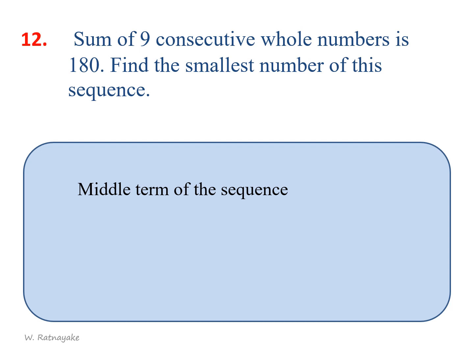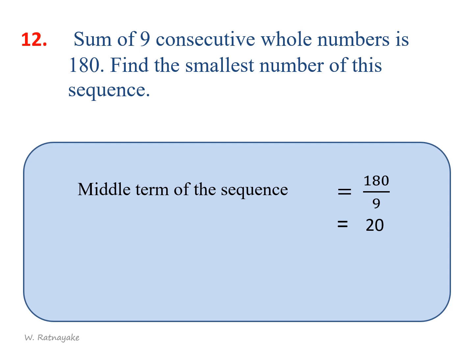Now here 180 is 9 times the middle term. That is the shortcut. So easily we can find the middle term. We divide 180 by 9, then you get 20. So 20 must be the middle term of this arithmetic progression. So there are 4 terms less than 20 and 4 terms greater than 20.